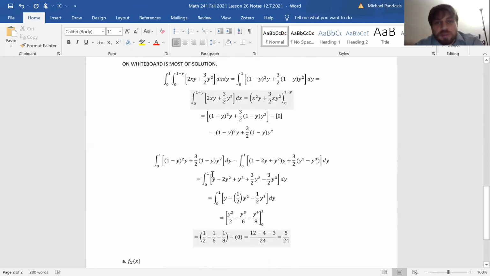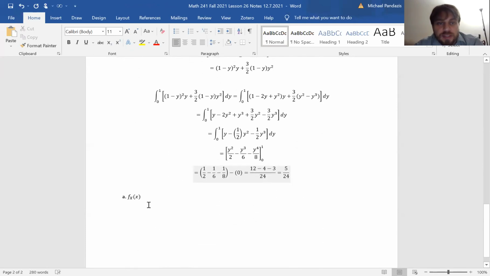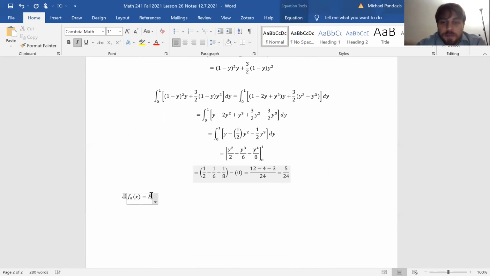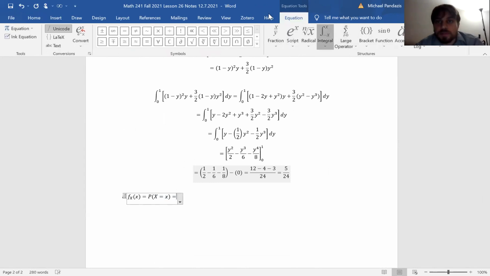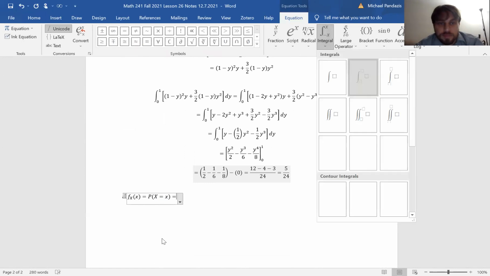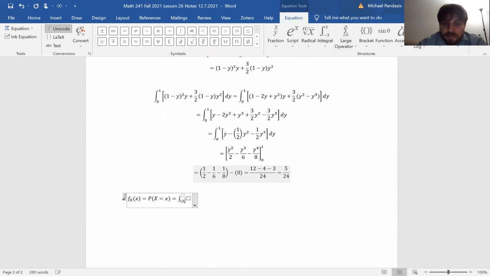So now we're going to compute for this example f sub X of x. This is equal to the probability that X is equal to little x. So this is equal to the integral from negative infinity to infinity of f of x comma y dy. There's two possibilities.